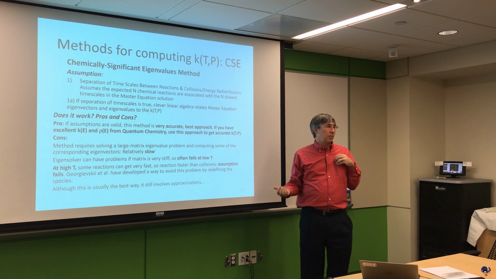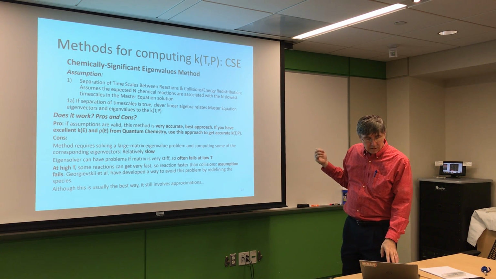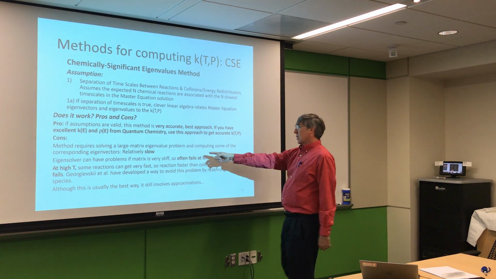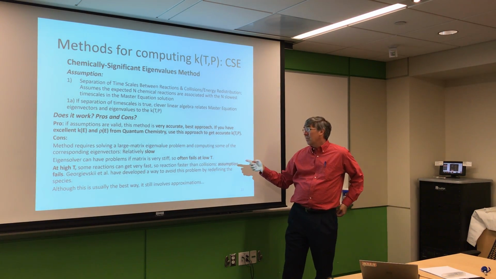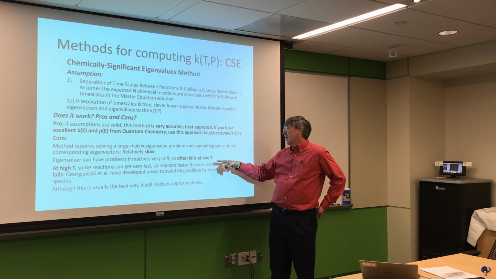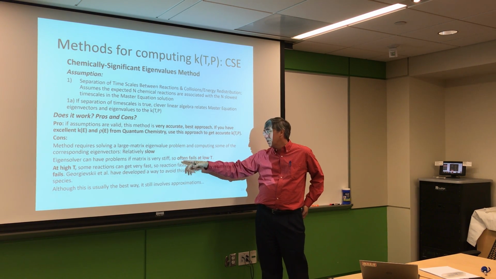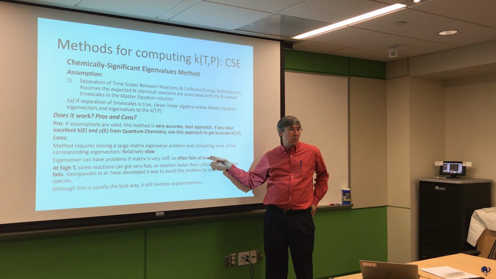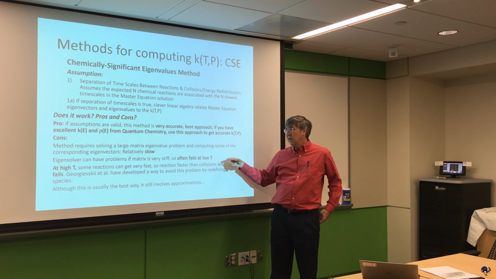You're not going to introduce another factor of 3 error by the method. However, it requires solving a very large matrix eigenvalue problem, and so it can be slow. The computer might not be able to handle the matrices. If the matrix is super stiff, sometimes it'll fail, which happens often at low temperature.